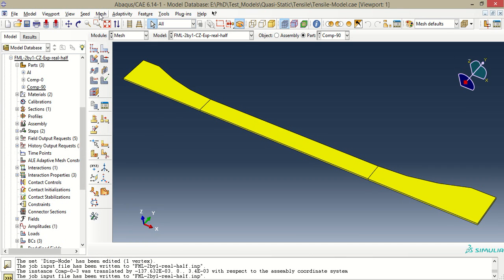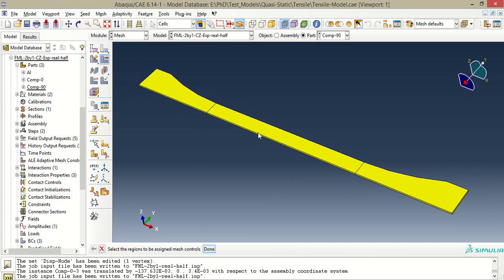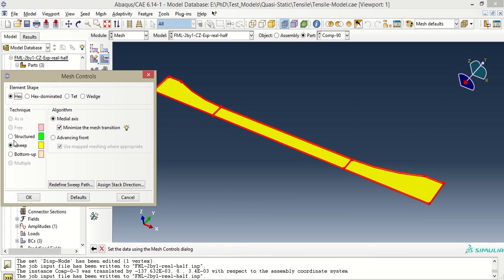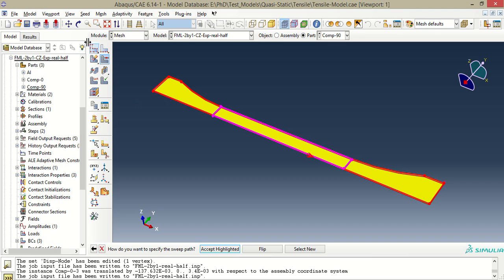Then there is a control option, mesh controls, just check it out and use the sweep technique, because sweep generates the elements in a much better way around the curves, around these curvatures. The medial axis algorithm is used to minimize the mesh, so it's better you take that and refine the sweep path.